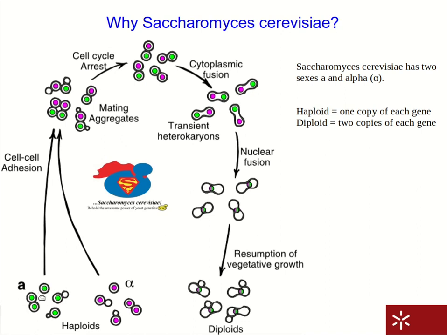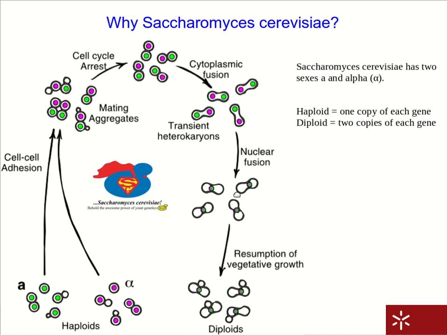We have a stage of haploids. This means that there is only one copy of each gene, and there are 2 types or 2 sexes, A and alpha. These 2 can combine together and mate, and then create diploid cells that can grow happily, just as happily as the haploids.